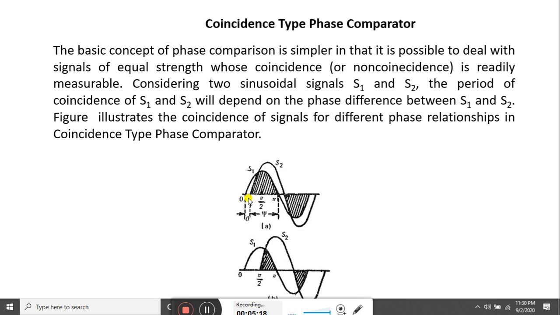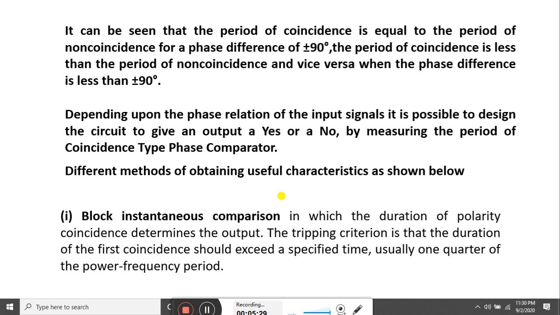Suppose this is the phase difference phi, and from here to here is the coincidence period. So if you vary the phase difference about plus minus 90 degrees, the coincidence period will vary, and depending upon the phase relation of the input signals, it is possible to design the circuit to give an output of either yes or no by measuring the periods of coincidence.